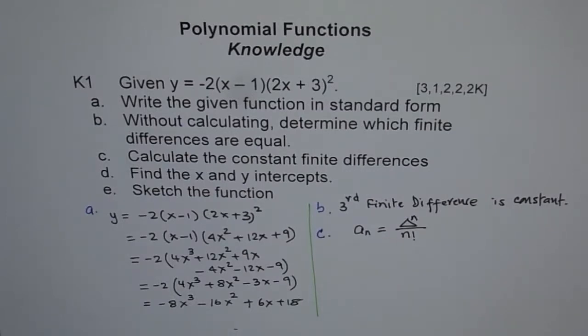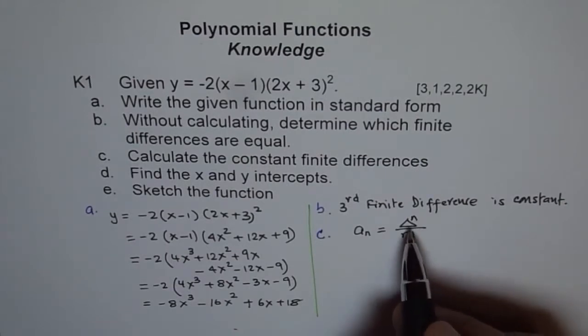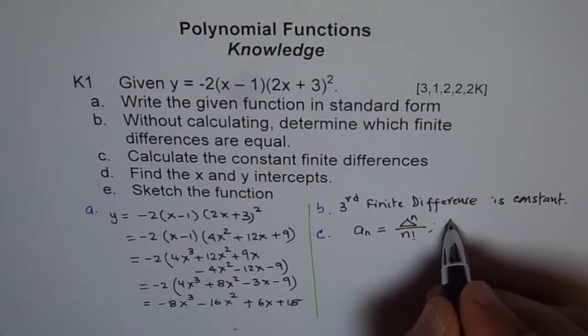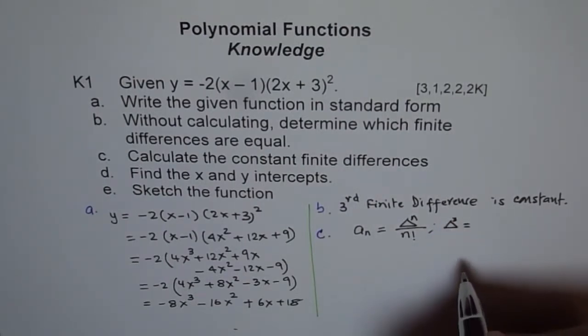Rather than that, what you can do is actually expand. You can put x as 0, 1, 2, 3, 4 and find the finite differences, correct? That will take a long time, so we'll avoid it. So the finite difference, delta, which is 3 in our case, the third finite difference is constant.